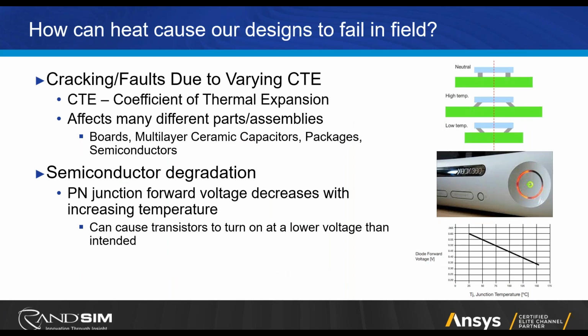So what kind of things happen physically which might fall under the purview of thermal reliability? What's going wrong? A few of the physical effects are going to be covered in the next couple of slides. The first one being cracking and faults due to varying coefficient of thermal expansion.